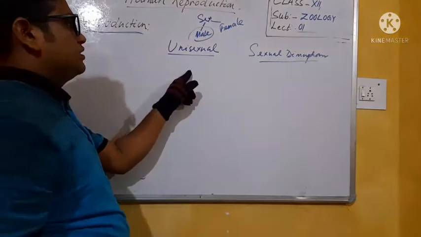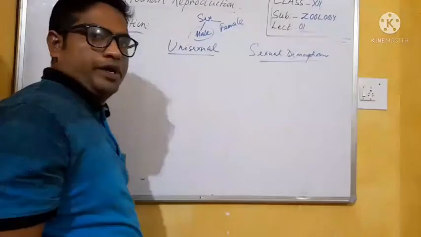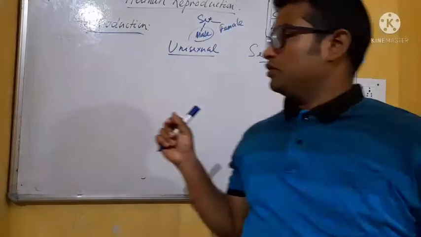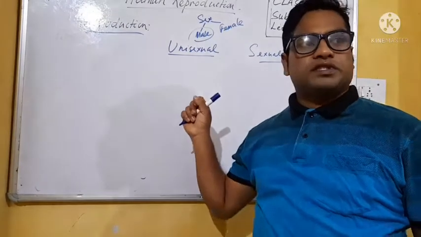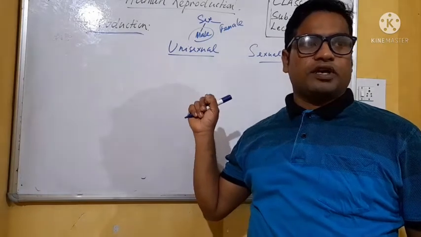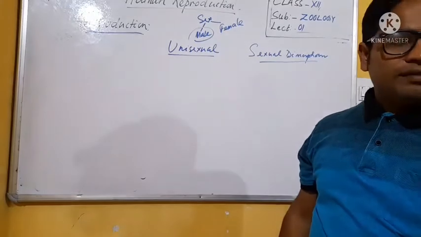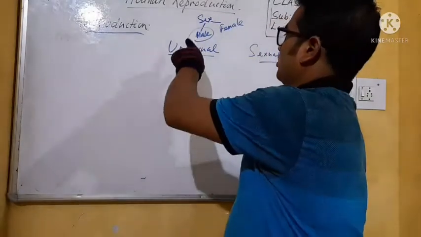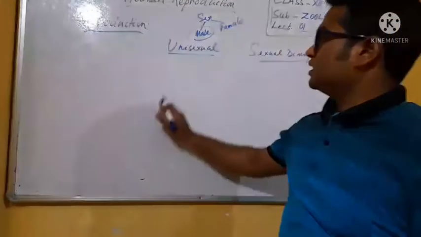Unisexual means the individual having only one type of sexual reproductive organs. That means the individual having one type of sex organs is known as unisexual.